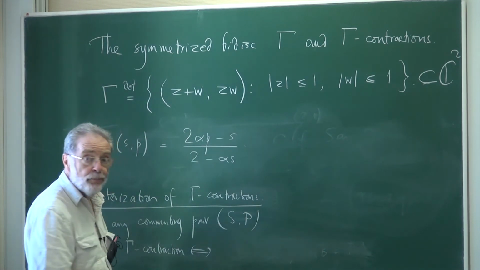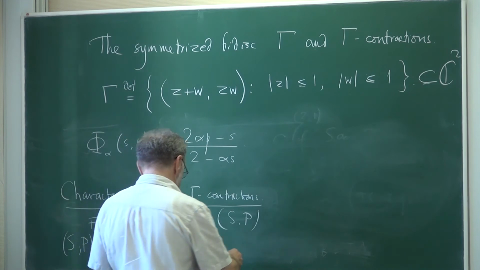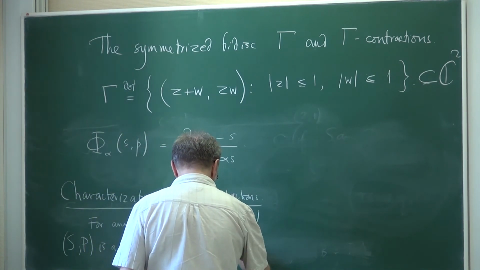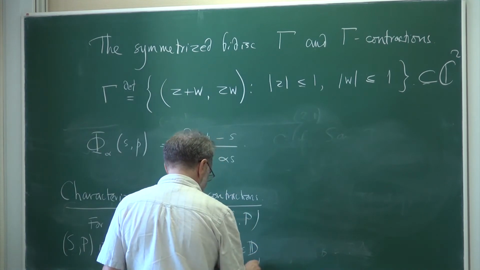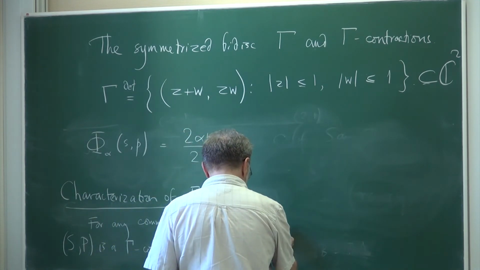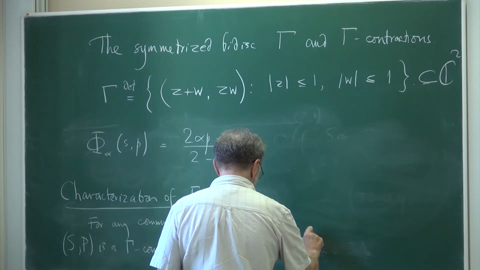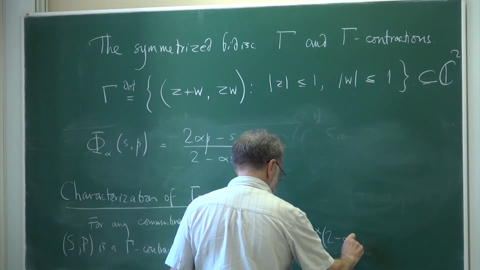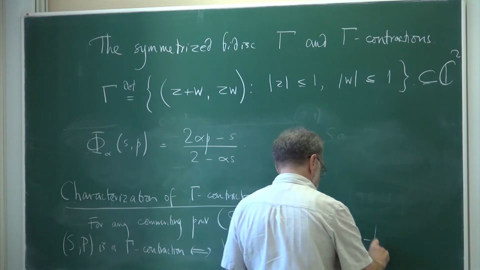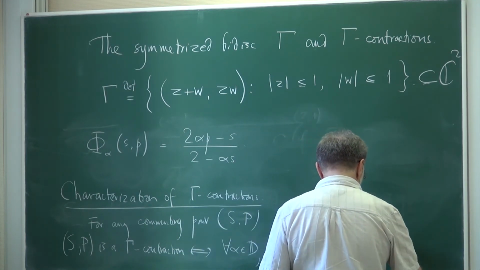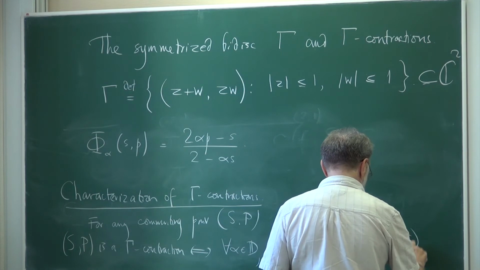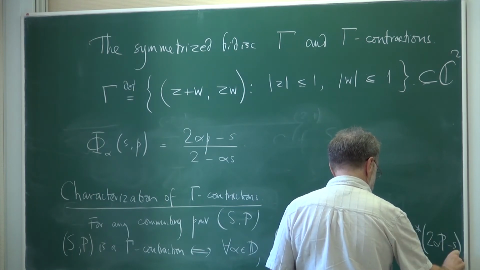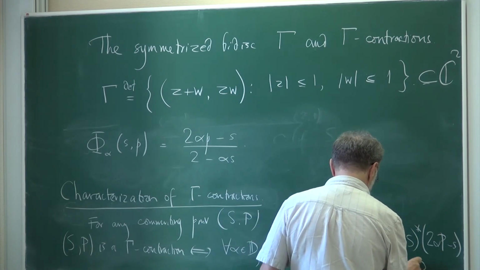But here we need a one-parameter family of them. And it's the following. For all alpha in the disk, (2 - alpha S)*(2 - alpha S) - (2 alpha P - S)*(2 alpha P - S) is greater than or equal to 0.